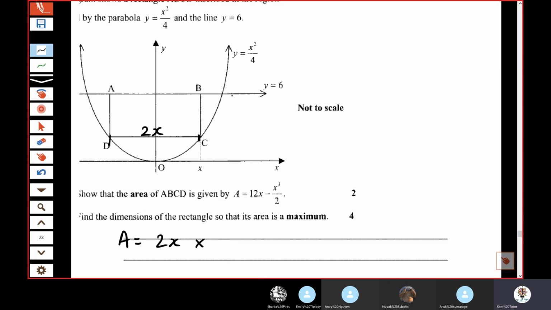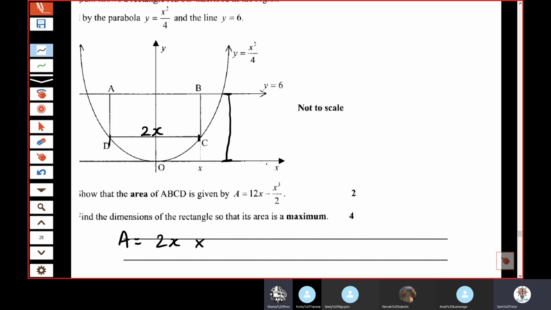Well, what do we know this whole length is? Don't overthink it, it's right there. Think about graphs.